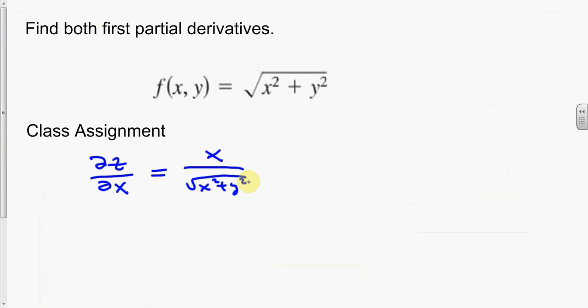So the 1/2 times 2 goes out. Okay. And this second one has the same form. It's just y over the square root of x squared plus y squared. Okay. Everybody with me? Okay. Good.